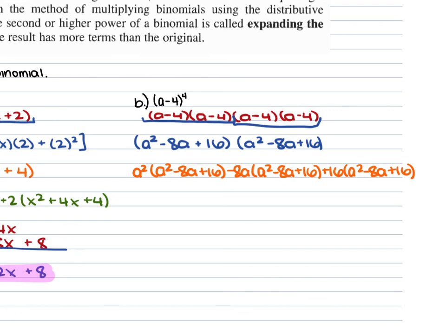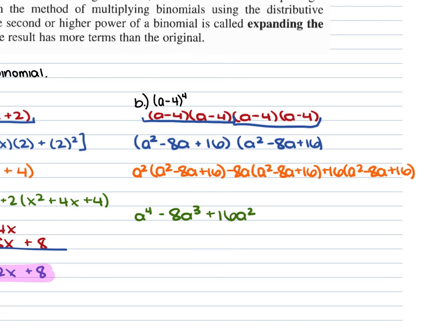So I'm going to, again, do this vertically. So I distribute in that a squared. I'm going to have a to the 4th power. That a squared minus 8a is negative 8a cubed. a squared times 16 is 16a squared.